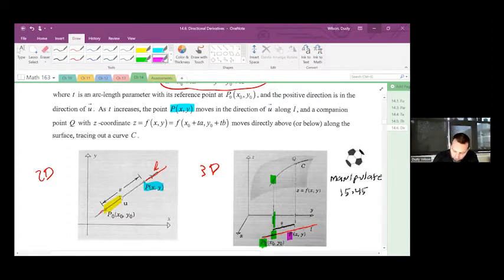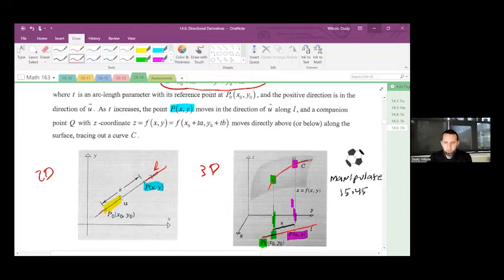Similarly, the point P translates to the point Q above. Okay, and so just like there's the red line on the XY plane, it translates to a slice or a line along the surface, z equals f of x y.